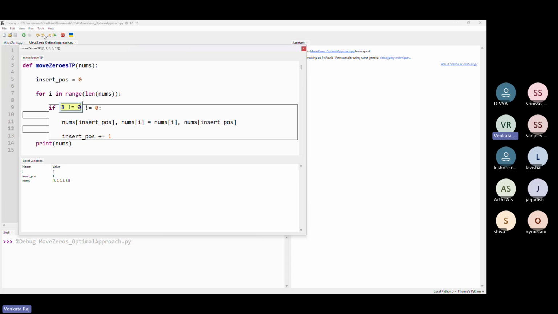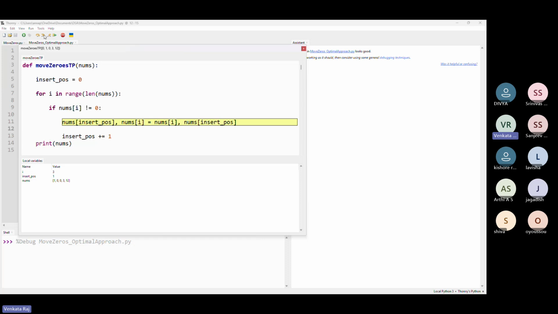Last time, where did we see 0? The 0 was moved to position 1 after the last iteration. So now we take the third position, where the value is 3. Last time the insert position was updated to 1, so position 1 is nothing but 0.